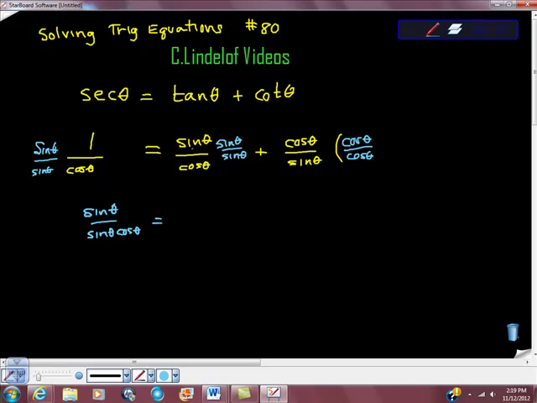is equal to, check this out, this is where I got lucky. Sine theta times sine theta is sine squared theta. This plus this one, cosine theta times cosine theta, gives me, hopefully you can see what I got up here at the top, right? What is this? This is 1.